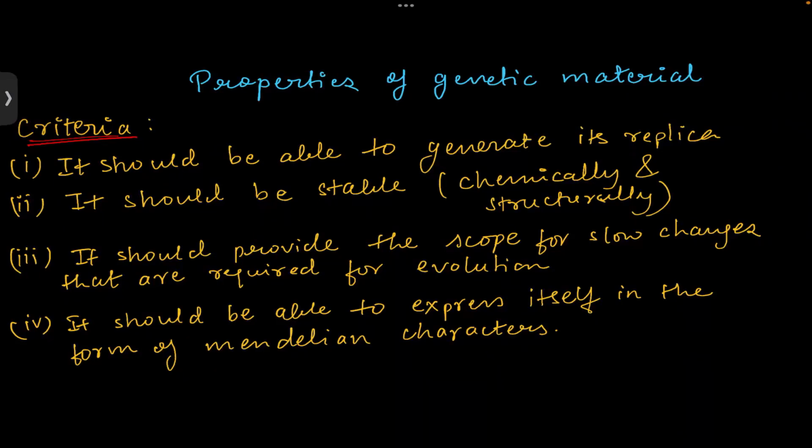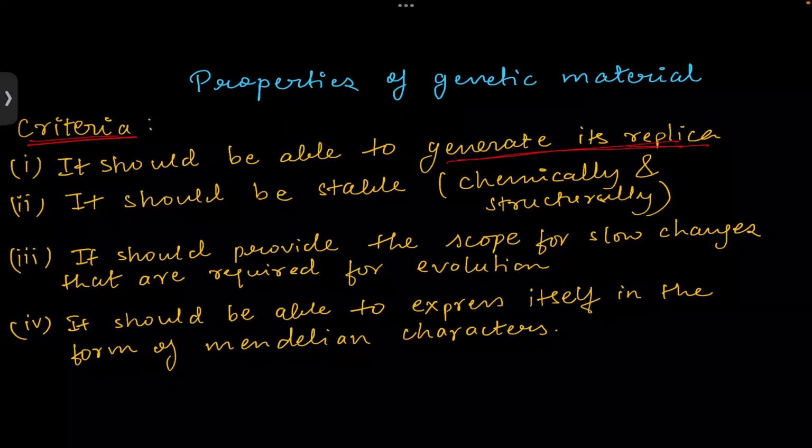The first criterion is that it should be able to generate its replica. All right, it means DNA should make copies of itself, like from DNA we should get DNA. Similarly, RNA should make copies of itself.